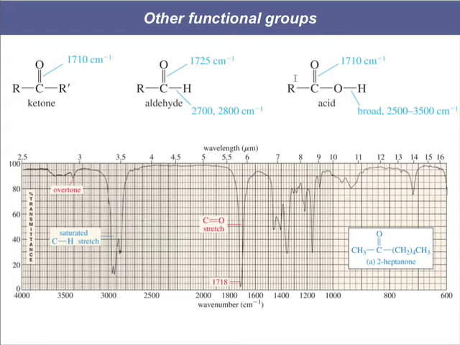For an acid, notice that the carbonyl is actually the same as it is for a ketone, 1710 in both cases. But with an acid, we'd additionally see the broad acid OH vibration centered around 3000. They say this can basically start at 2500 and end at 3500, centered around 3000. So that's why it's easy to tell a ketone from an aldehyde from an acid.